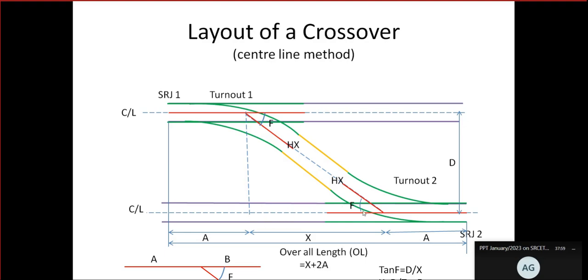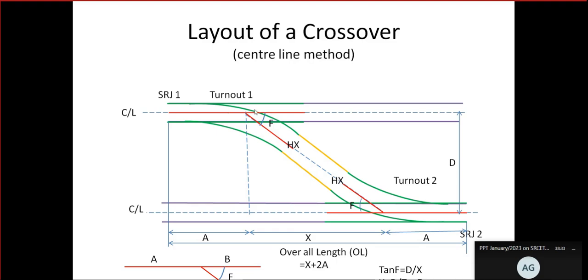What is the value of X? A is already available, let us assume some 16 meters. Here 16 meters and 16 meters, 32 meters is 2A. Find out the X value. What is the X value? Cot F is simply the number of the points and crossing.